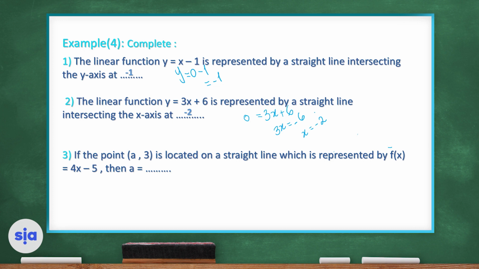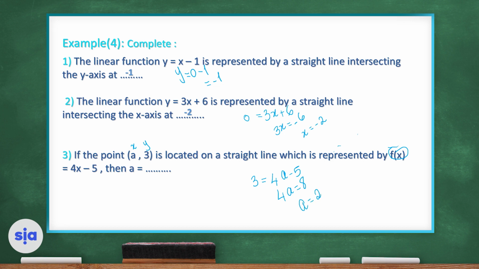In this question, a is representing x and 3 is representing y, so f of x is y. So 3 equals 4a minus 5. So 4a equals 8, then a equals 2.